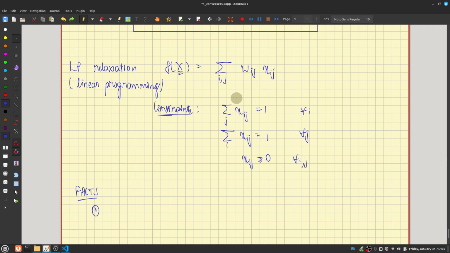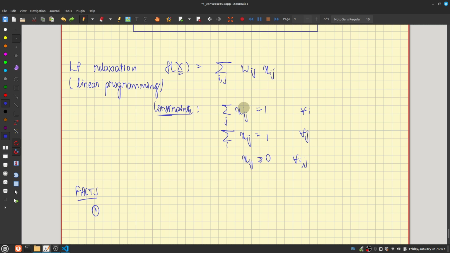So you look at just one of these constraints. What does one constraint look like? What kind of a set does it define? It's affine, sure, but just look at one of these. Summation over all j of x_ij equal to 1. What set does that define?